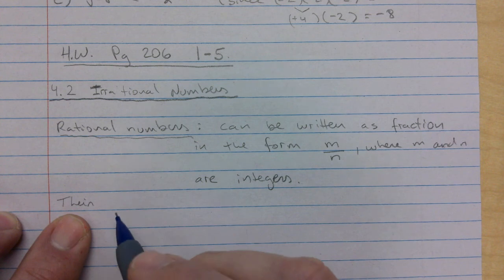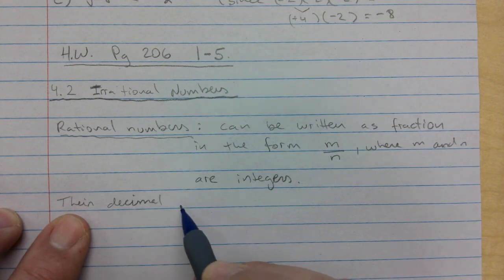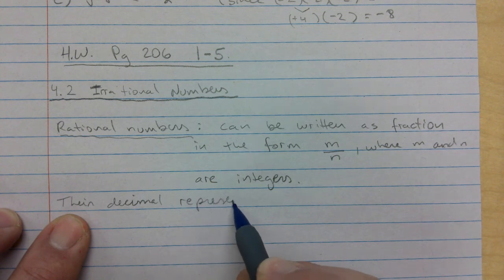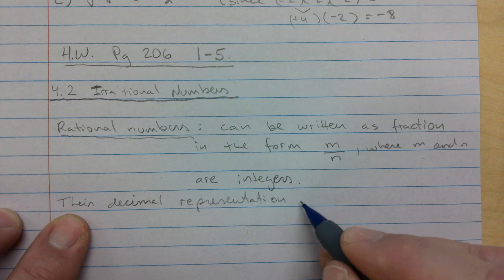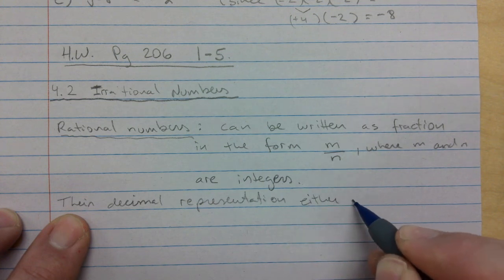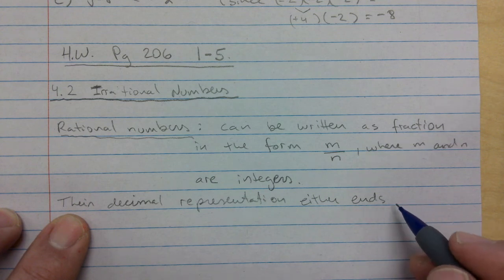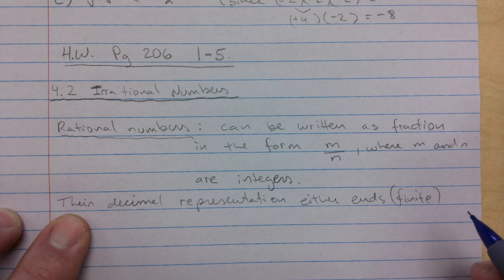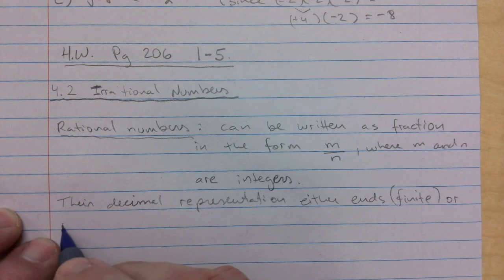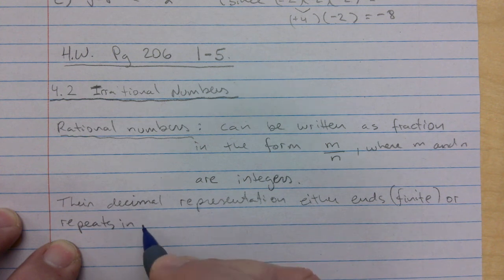If you determine the decimal, their decimal representation either ends, it's finite, it stops, or repeats indefinitely.